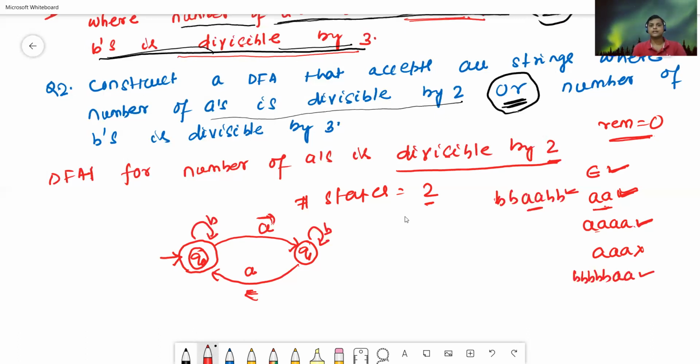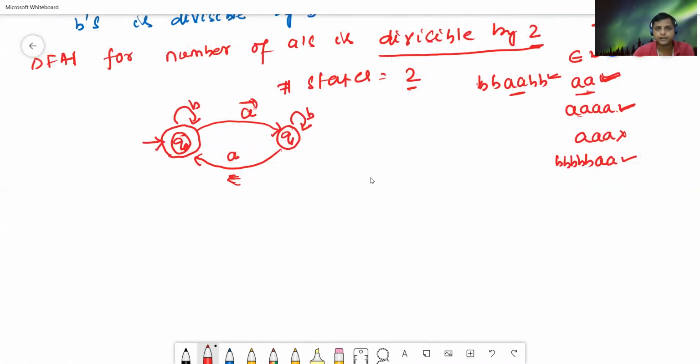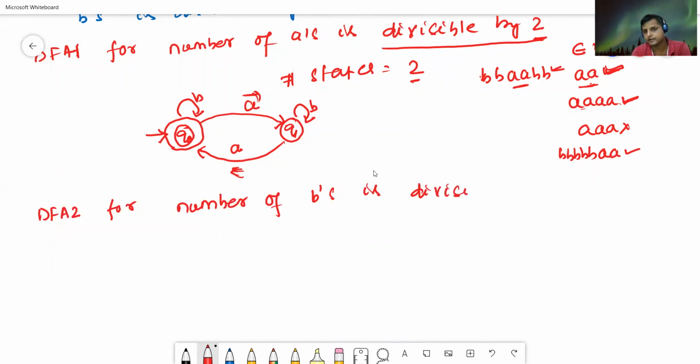Now we'll construct the second case, number of B's divisible by 3.